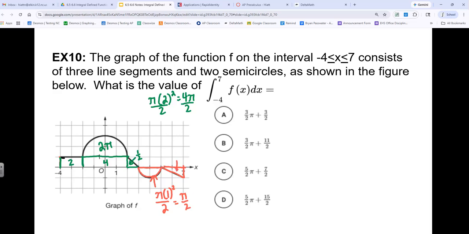And then this is a triangle, so that's 1/2 base, which is 2, times height, which is 1. We're just going to get 1 for that. So to put all of that together, we've got 2 plus 4 plus 2 pi plus 1/2. And then we'll have minus pi over 2 and minus 1.